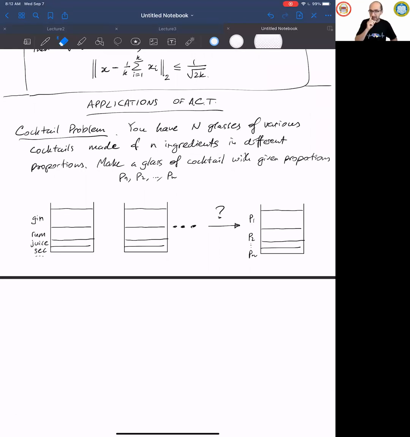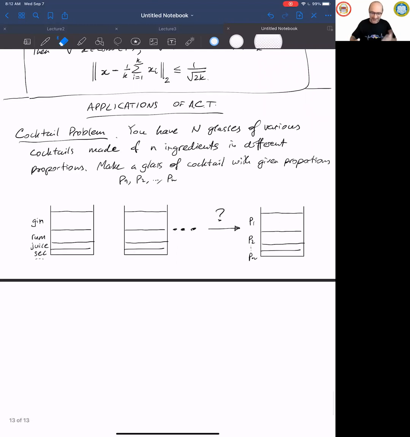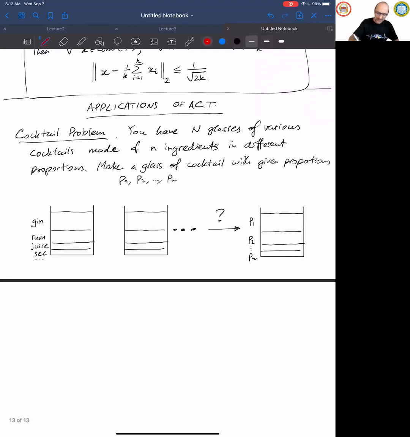Okay, so why is this about a convex combination? We can look at the amount of gin. Let's say there is Z1 grams of gin here, Z2, and so on, and Zn in the first glass.